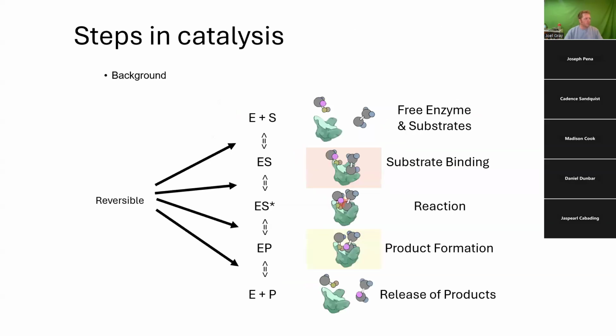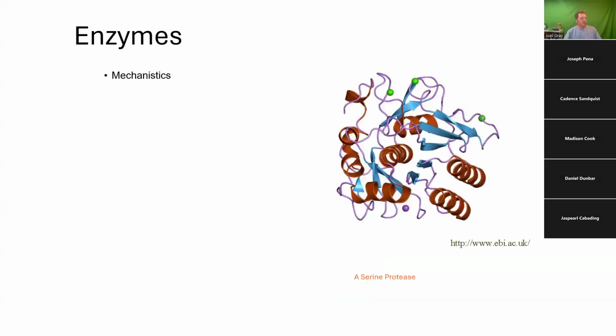Wonderful. Now, this is a rundown of all of that. E plus S, free enzyme, free substrate. ES star is where the reaction is taking place. EP is where the products are present. And then E plus P is where the products have been released. Now, when it comes to an enzyme, we're very interested in the mechanics of it all. We're interested in the binding specificity. So does an enzyme only bind to one specific substrate, or could it bind a whole host of different or similar substrates?